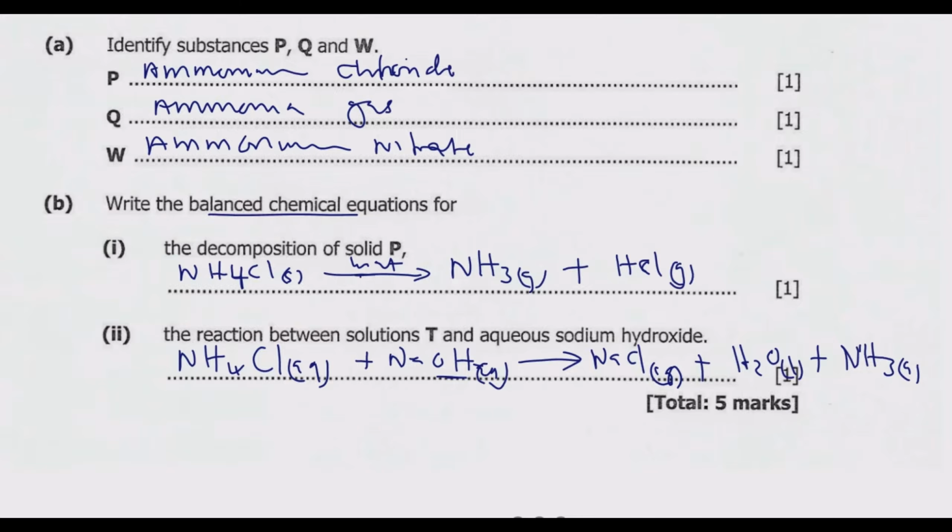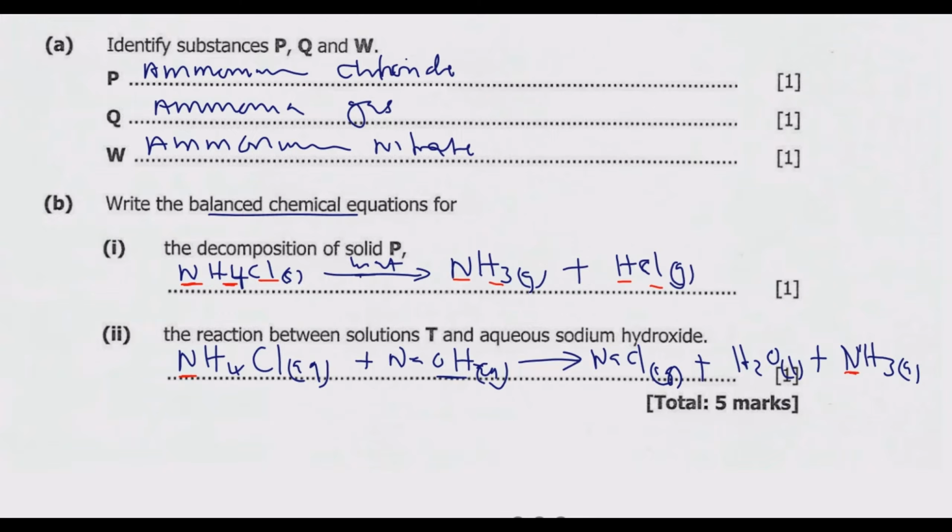So let us now balance the equations. If you look at the first equation, we have one nitrogen here, one nitrogen there, then 4 hydrogen, 3 plus 1, and then one chlorine. So this is a self-balanced equation, nothing to worry about. Again, in the second equation, we have one nitrogen on this side and one nitrogen on the other.